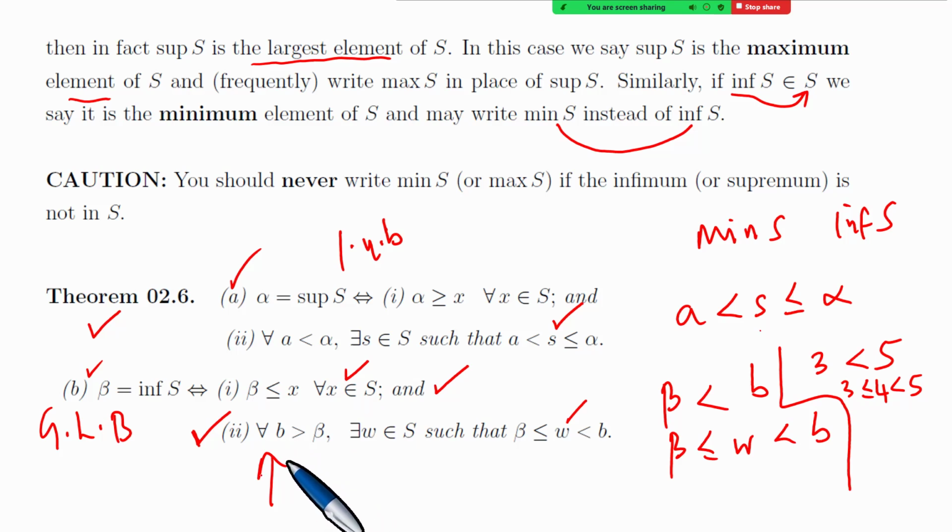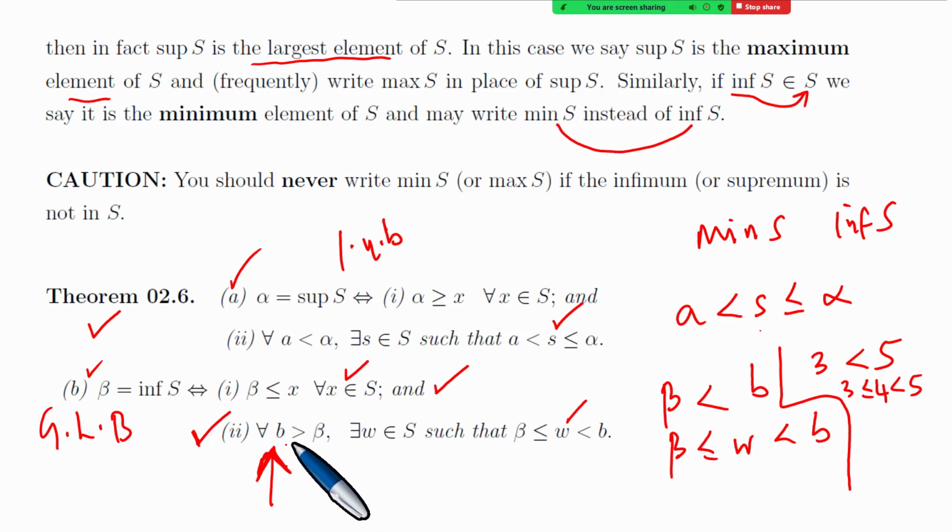And for all b bigger than beta, we can get something in S that is smaller than b. In the same way that we got an a that was bigger, because that was the least upper bound, here we are dealing with the greatest lower bound.